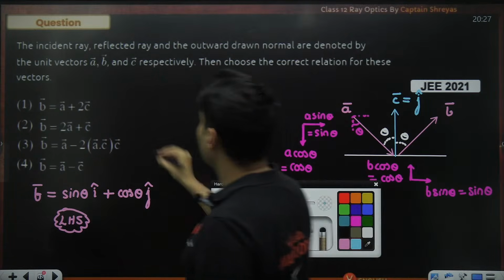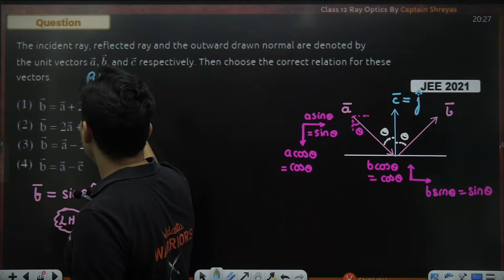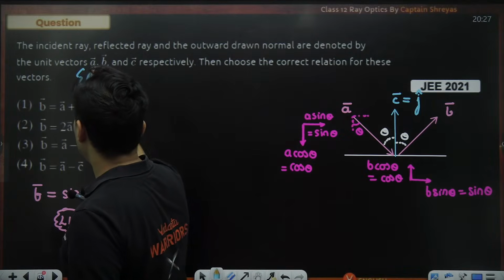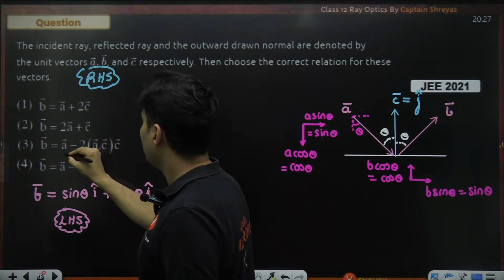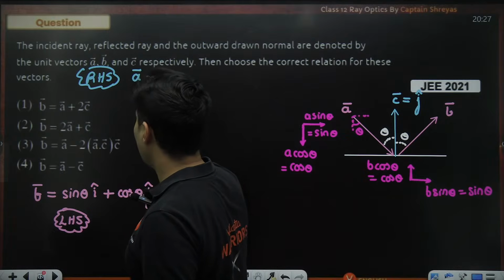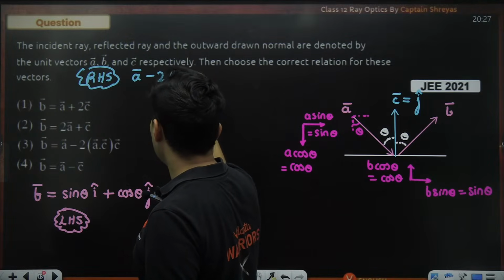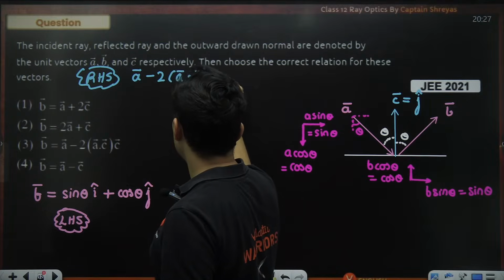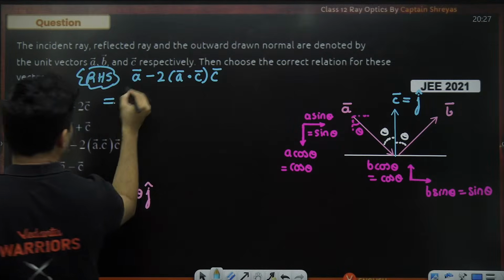Let's check out the right hand side. The right hand side is vector A bar minus 2 times A bar dot C bar times C bar. So what is A vector?